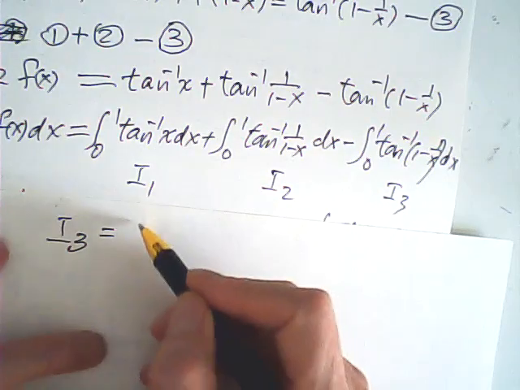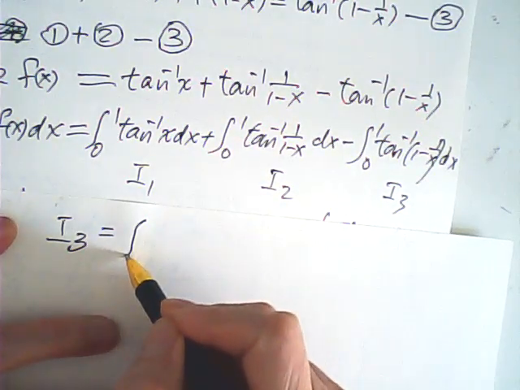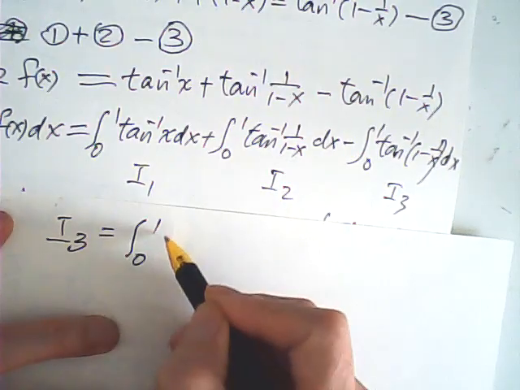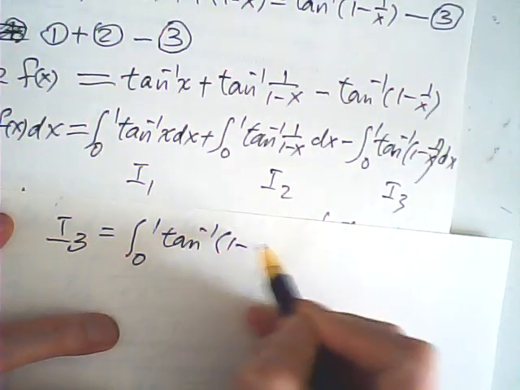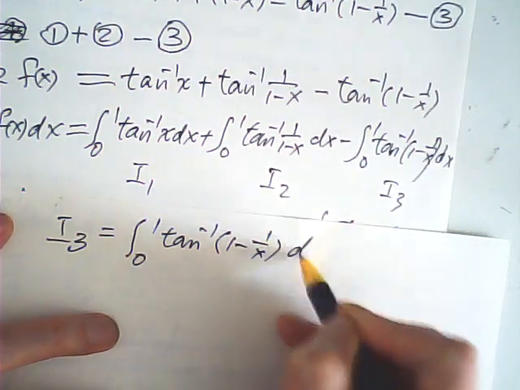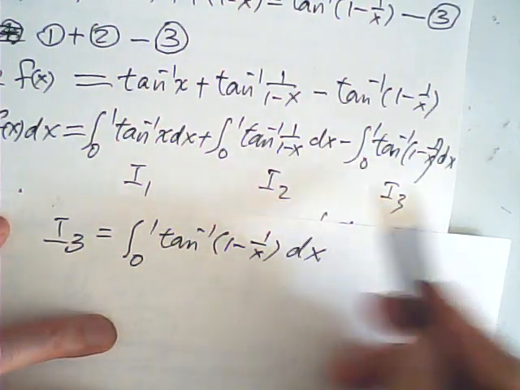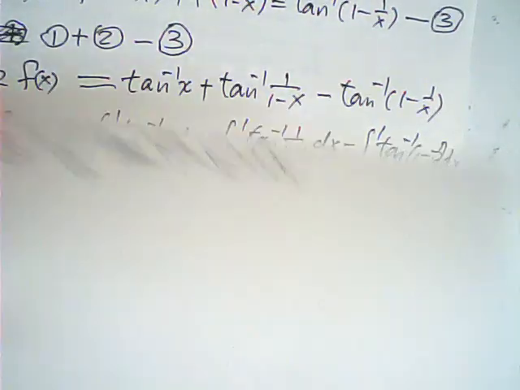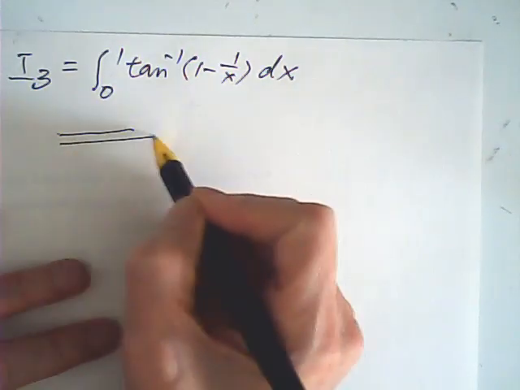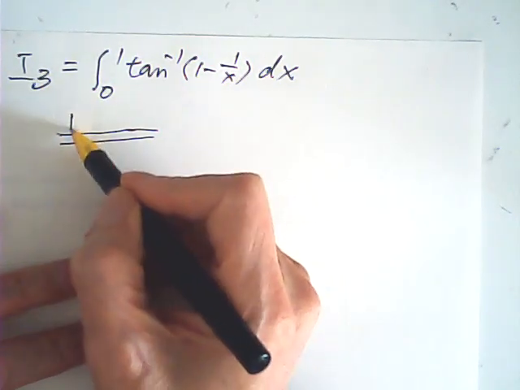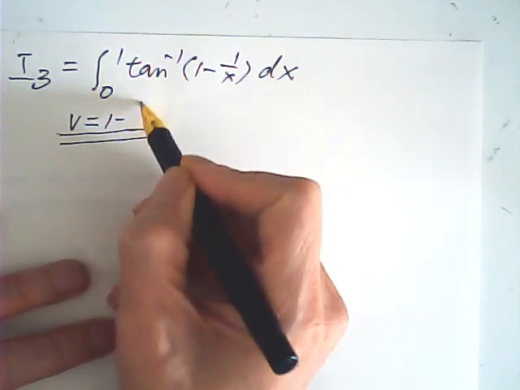The integral from 0 to 1 of arctangent of 1 minus 1 over x dx. Okay. So obviously I use substitution. Let v be 1 minus 1 over x.